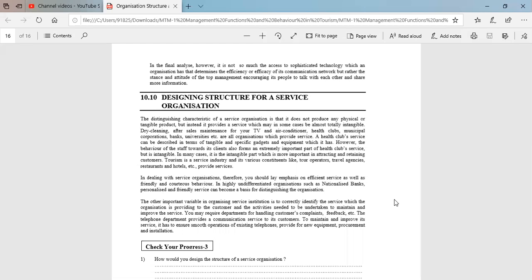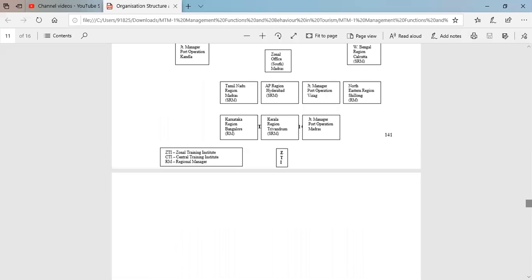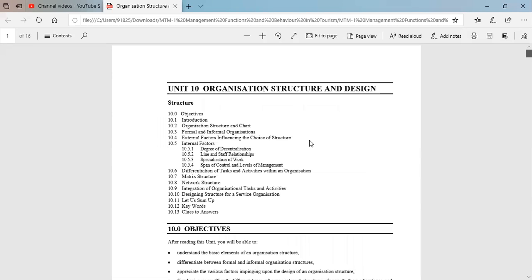So this is the most important question: designing structure of a service organization. And also the degree of decentralization, these internal factors. Always remember what the internal factors of an organizational structure are.